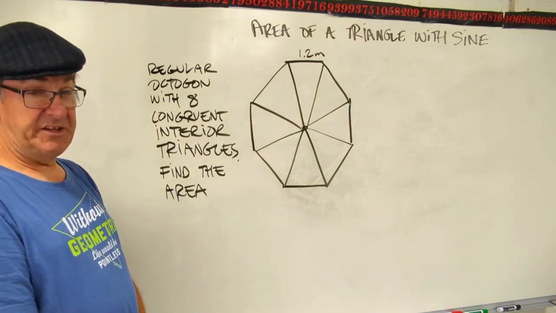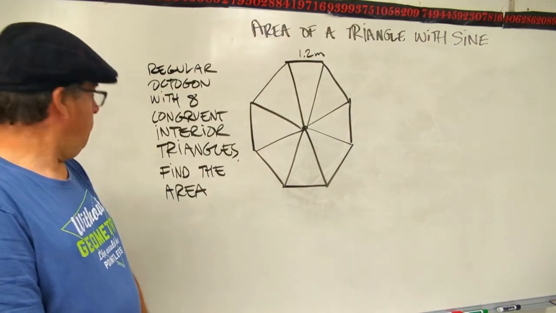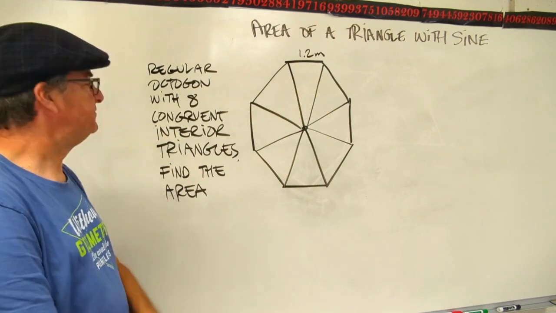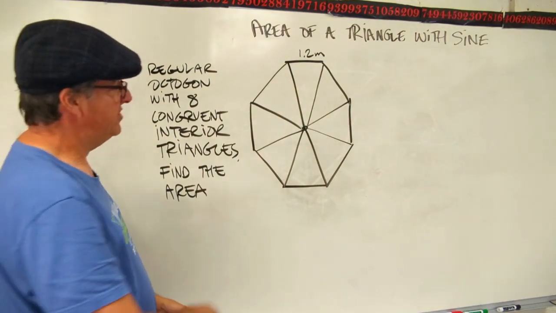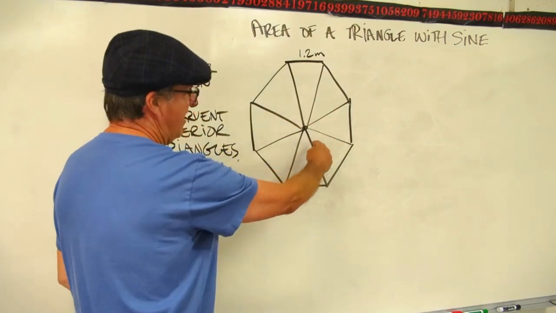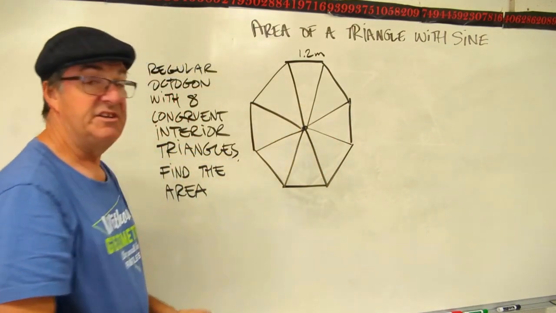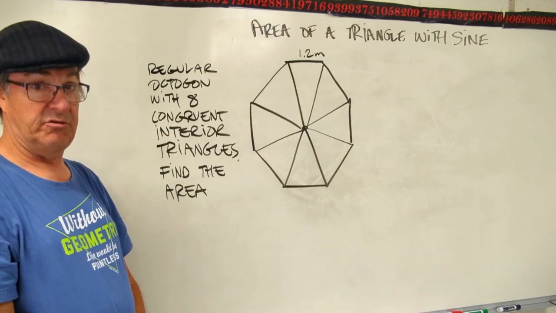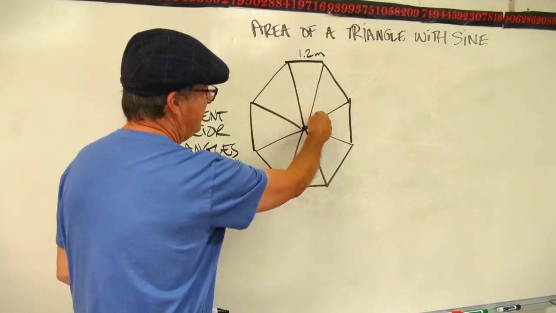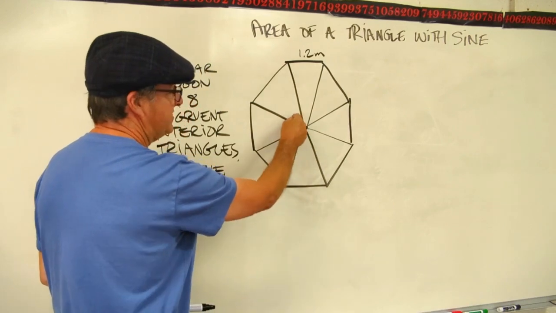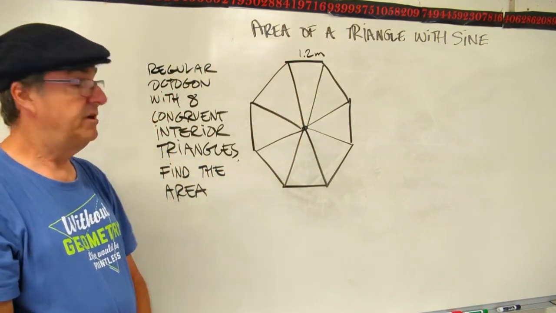Okay, so there's a trick. This is prior knowledge. We know that to go all the way around on the interior, it takes 360 degrees, okay? We also know that all of these interior angles are the same. They're equal.